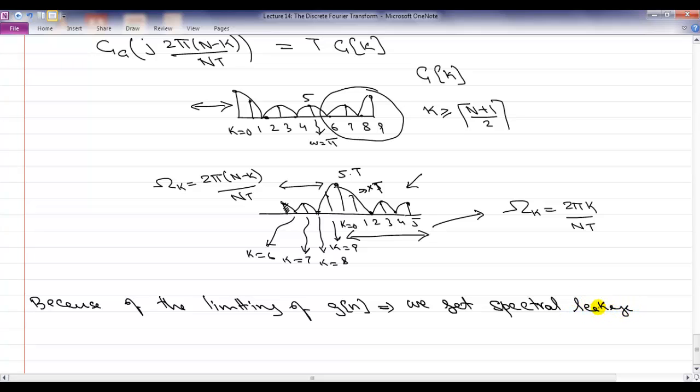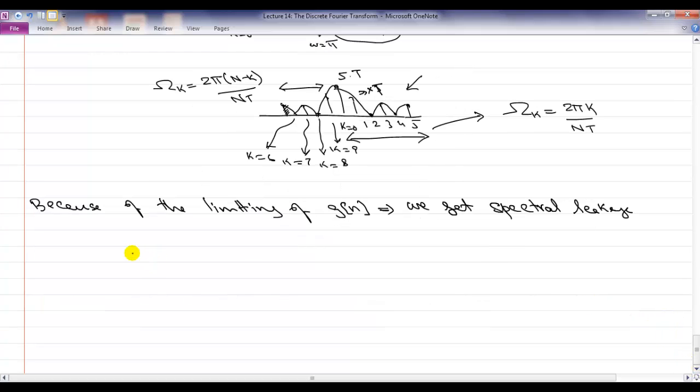Okay. Now, I want to just finish with one thing, that in spectral analysis, the DFT basically is sampling your continuous time Fourier transform every 2 pi over NT radians per second gives you a new sample.